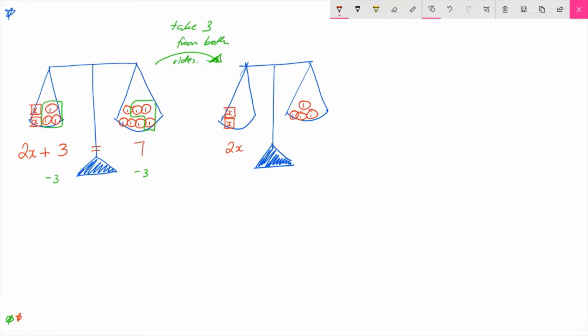Taking 3 from both sides leaves 2 x's on the left-hand side and 4 balls on the right-hand side. Now, because we've done the same thing to both sides, our set of scales is still balanced. So our equation is still balanced, even though it now looks a little bit different to what we started with.